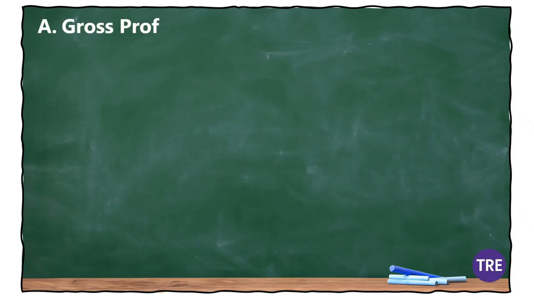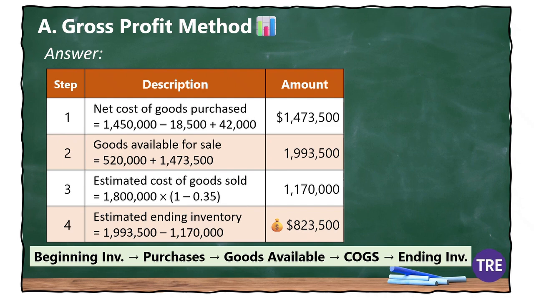The gross profit method estimates ending inventory using a few logical steps. We start by determining the net cost of goods purchased, combining purchases, returns, and freight to get the total cost of goods available for sale. Next, we add the beginning inventory, giving us all goods available to sell during the period.